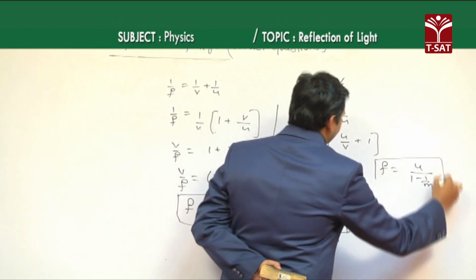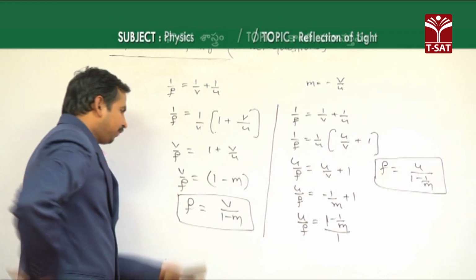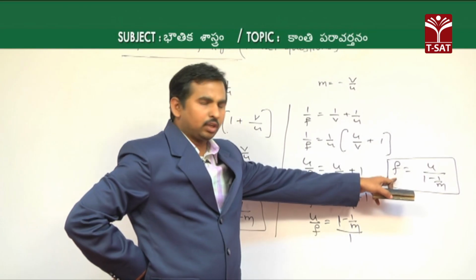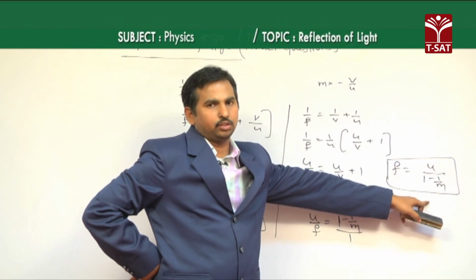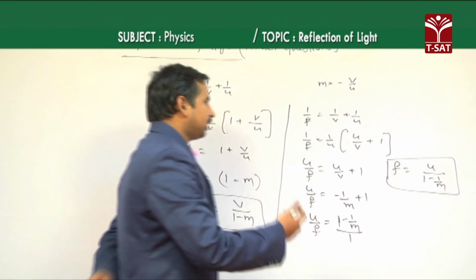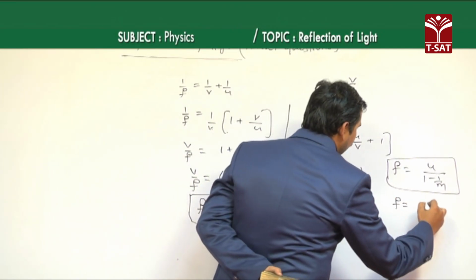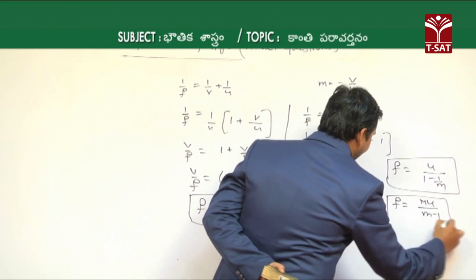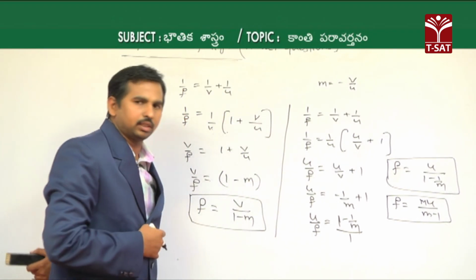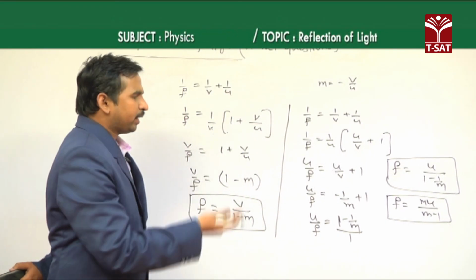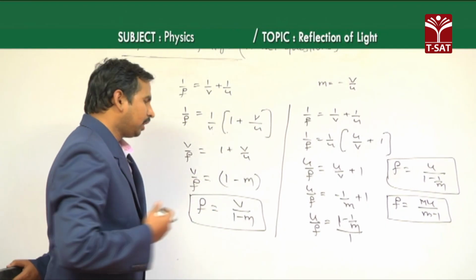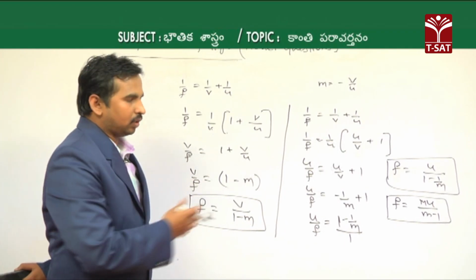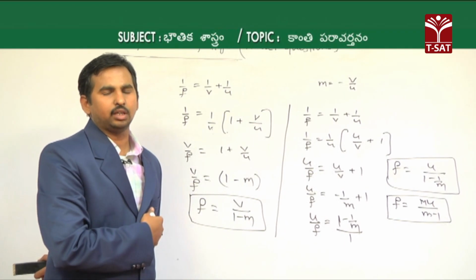The earlier formula is for when image distance and magnification are given, and this one is for when object distance and magnification are given. If you want to simplify it, f is equal to m u by (m minus 1). So by using the magnification factor also, we can find the focal length of the given mirror, whether from the object distance or from the image distance, both cases separately.